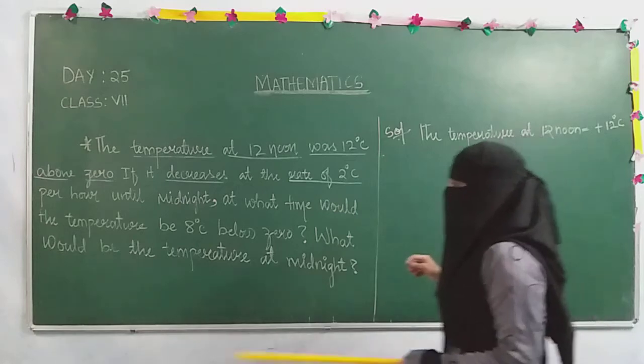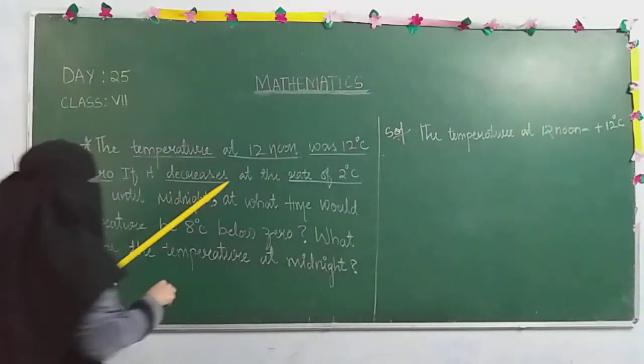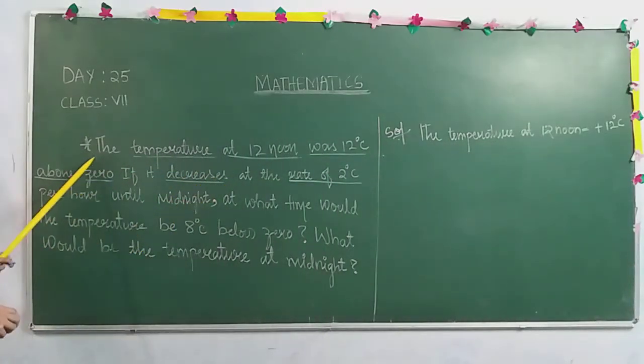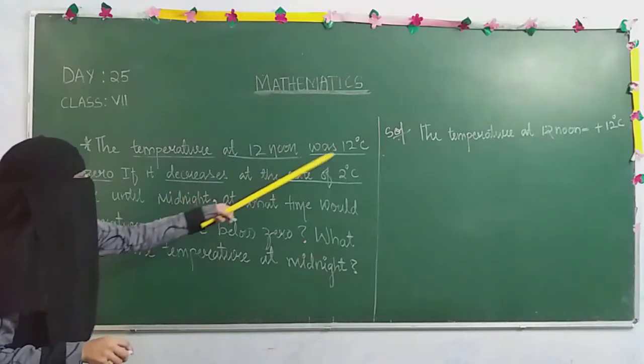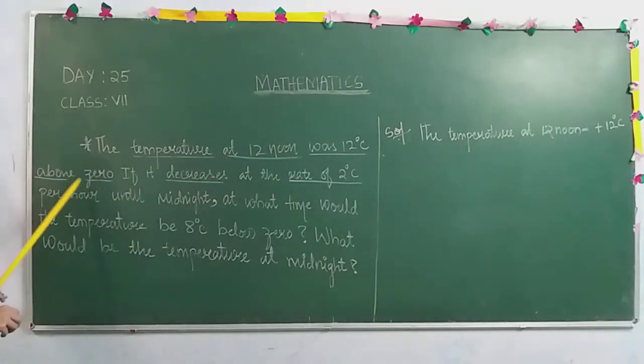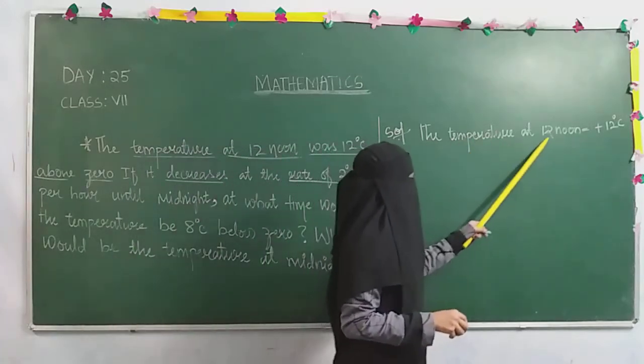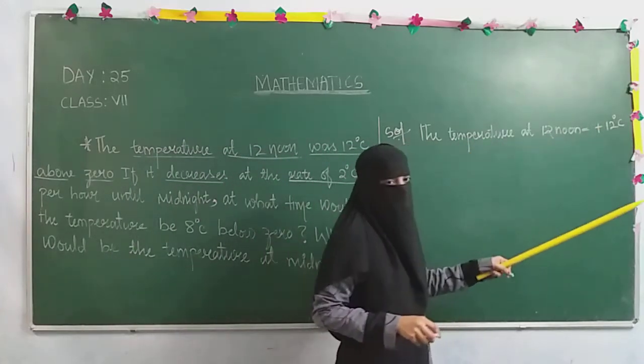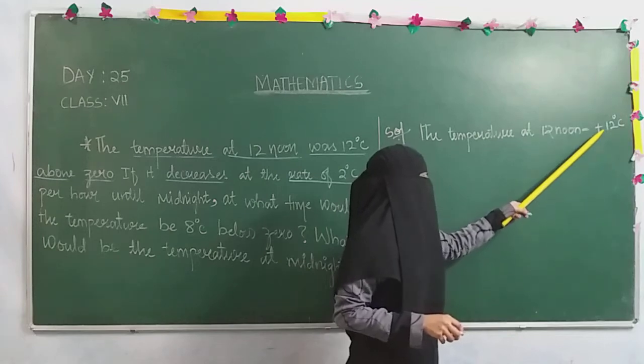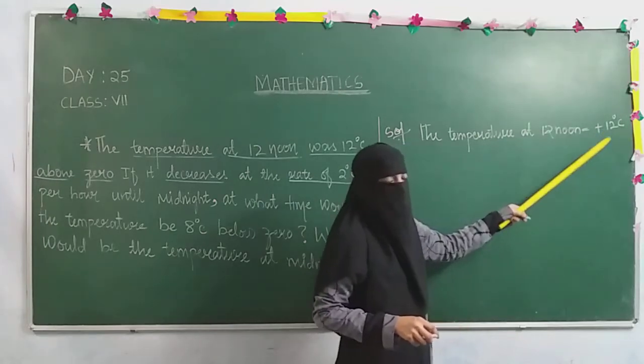So this statement I have directly converted into mathematical form. The temperature at 12 noon was 12 degrees centigrade above 0. So I have reduced it here: the temperature at 12 noon equals plus 12 degrees centigrade. Plus 12 degrees centigrade is nothing but above 0.